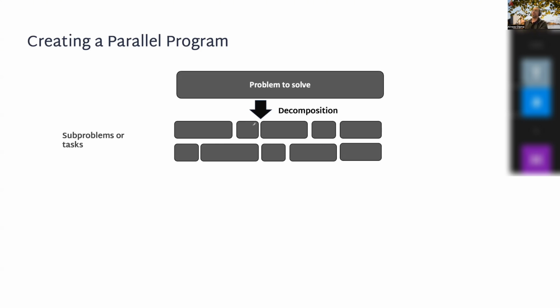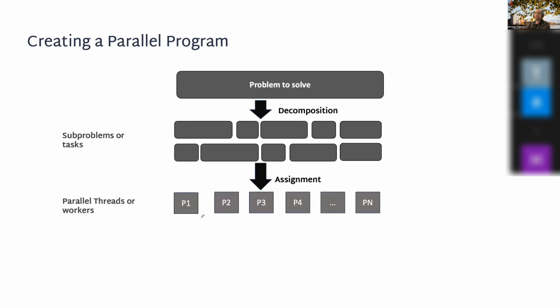So they should be independent and they should capture the main problem that you want to solve. So this is the first phase, which is the most challenging phase. And then you need to assign each subproblem to a thread or to a process in your parallel machine. Now it's important what kind of parallel machine you are using.